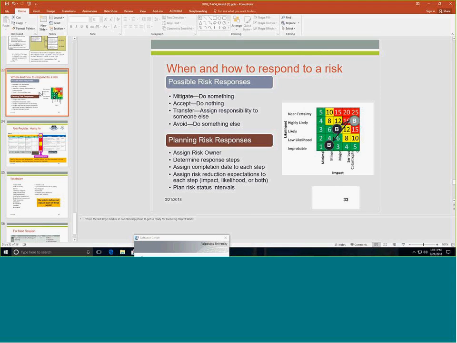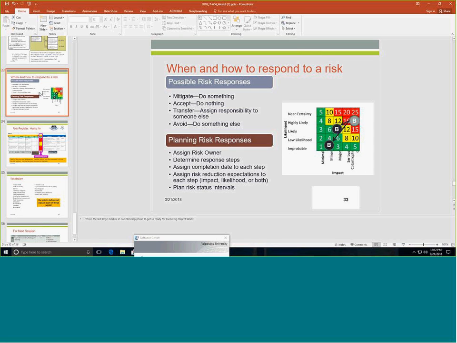Now, the next question is, we have estimated our risk, we have a risk matrix, we have calculated the factored exposure of our risk, or we have done our EMV calculation, our expected monetary value calculation. What do you do?